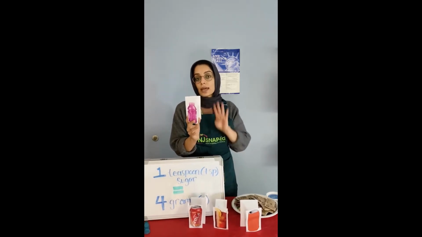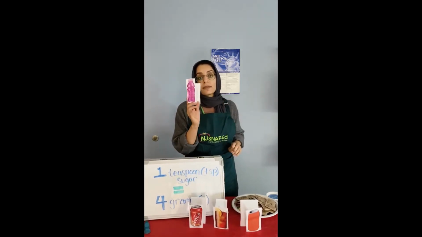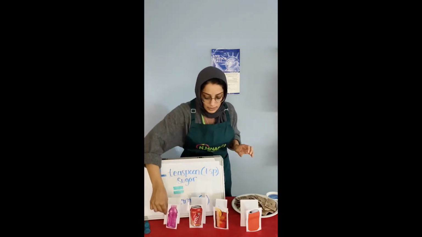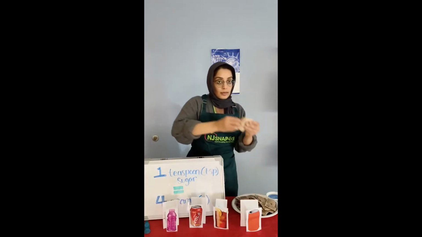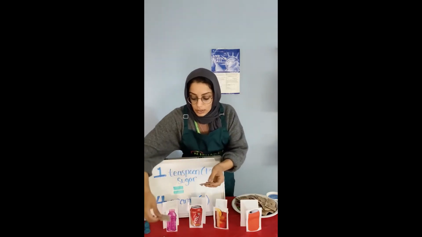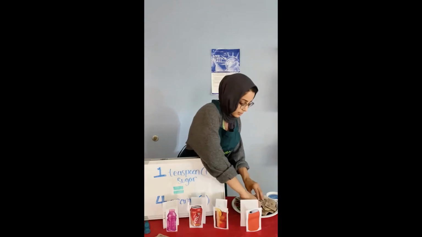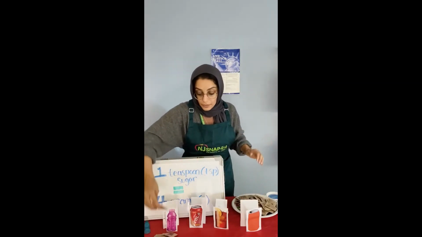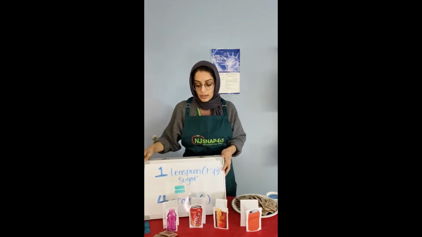So if I take 21 grams and divide that by 4, I'm gonna get 5.5 teaspoons. One of these sugar packets equals 1 teaspoon. So that's gonna be 1, 2, 3, 4, 5, 5.5, so it's almost 6 teaspoons right there. So in this one drink, there's 6 teaspoons.